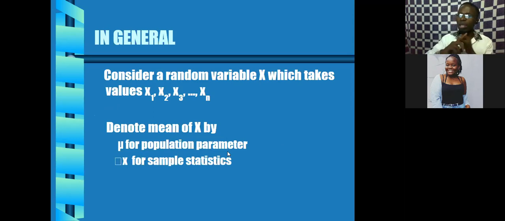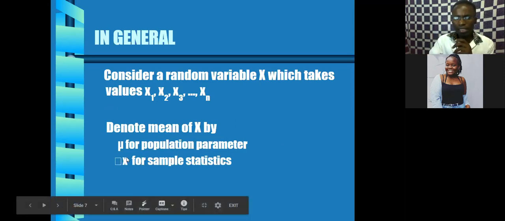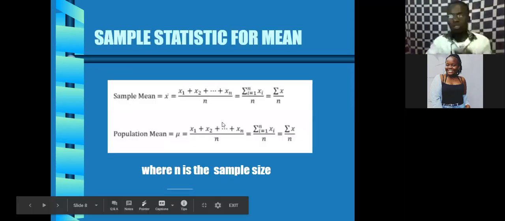Remember we talked about it: a population parameter, and for sample data we look at a statistic. Now this x is supposed to have a dash on top. So we use this for the population parameter and that for a sample statistic.